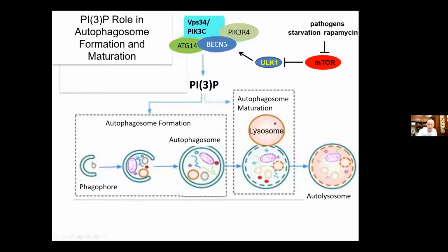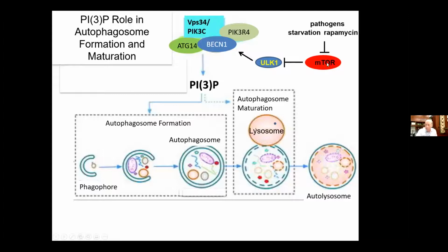This is a multi-subunit complex that includes, among other subunits, Beclin-1, and this is regulated in turn by a protein kinase called ULK1, which phosphorylates Beclin and activates it so that it will form PI3P.